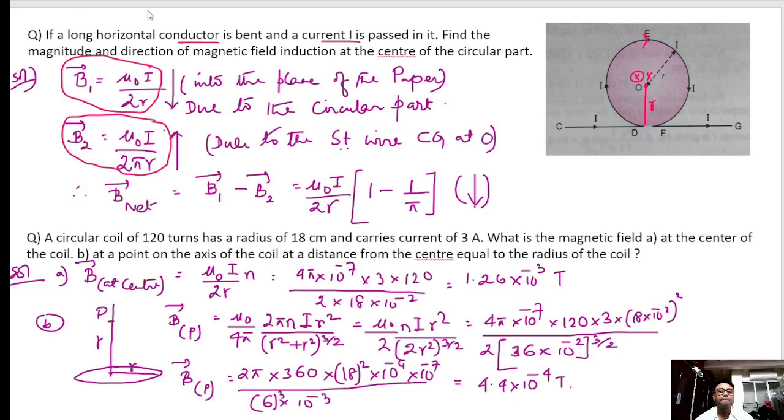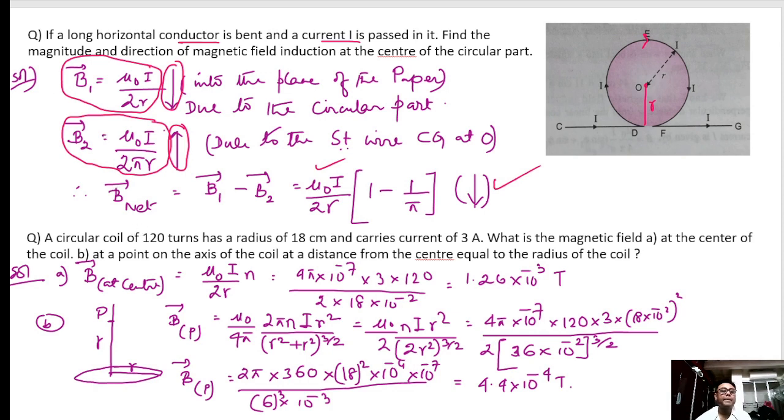If we apply the direction, please watch here, the magnetic field due to the straight wire will be upwards, and due to the circular wire, clockwise, it is downwards. So the net magnetic field will be the subtraction of these two, and because B1 is bigger, the net direction of the magnetic field is downwards.